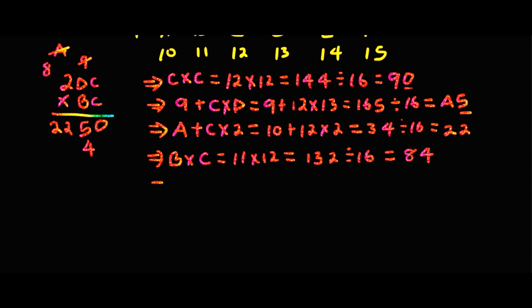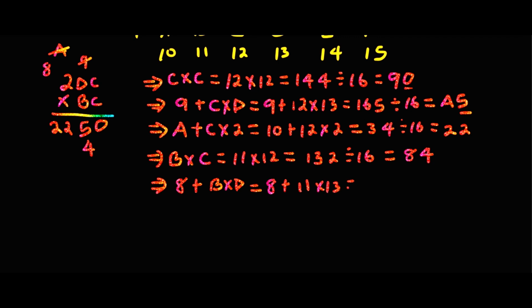In the next step, you take the carry, which is 8, plus now the next multiplication. The next multiplication is B times D. So you can interpret that as 8 plus B times D. And remember, B is 11 and D is 13.